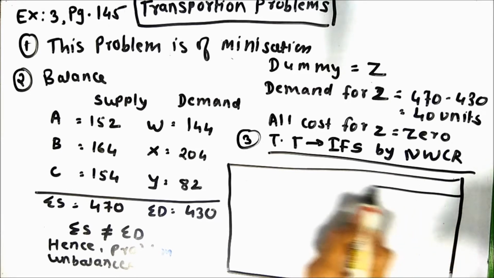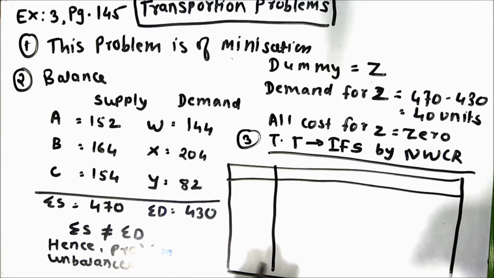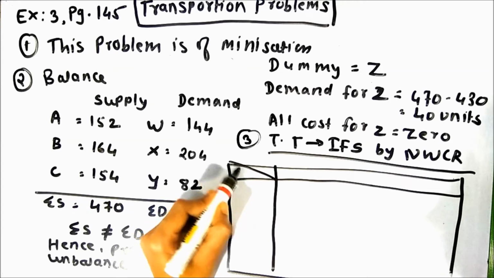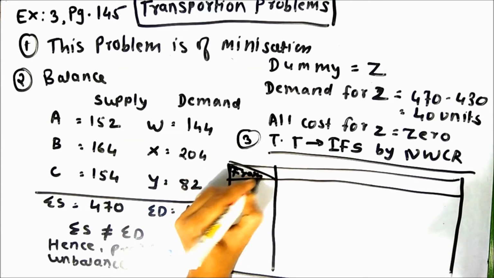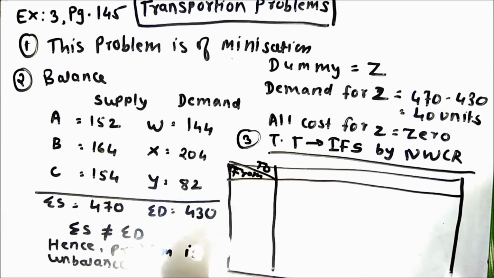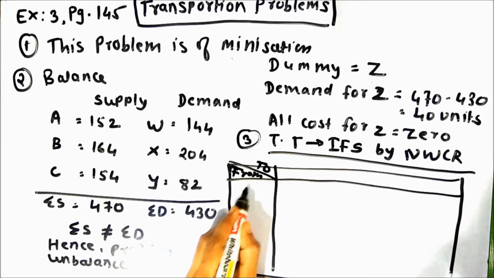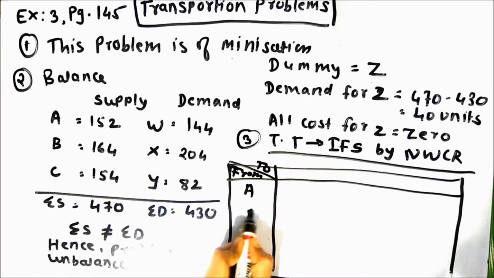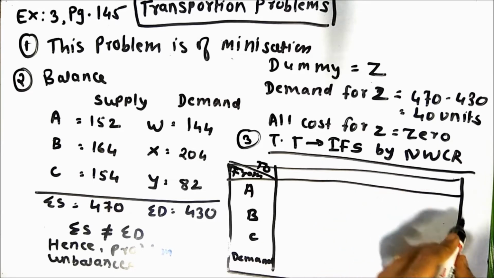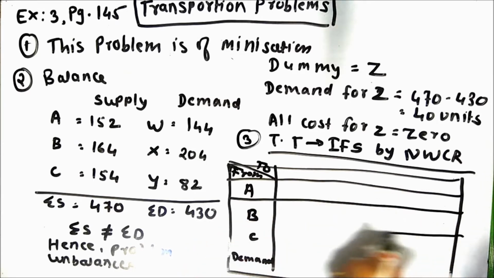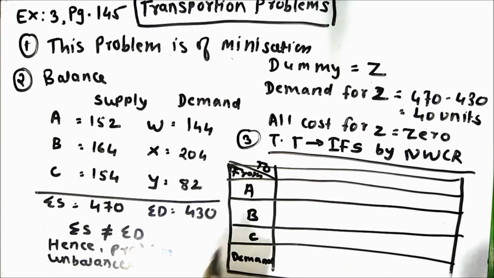Here we'll be writing first, this is from and to. Now we have the supply side A, B, C, and last we have demand.